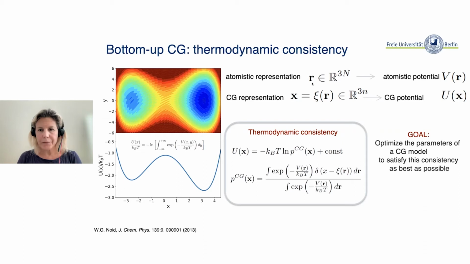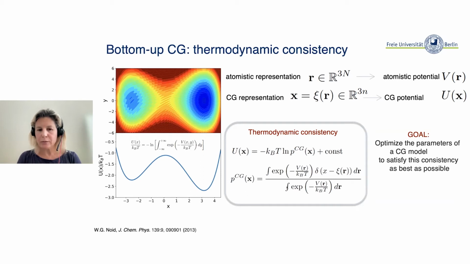This is an example of consistency, a very simple toy model going from 2 dimensions to 1 dimension. You coarse-grain away the y dimension, and you can do this analytically, because what you need for thermodynamic consistency is this set of equations. What it means is that the effective energy function for the coarse-grain model is fixed by this expression, given by the logarithm of the marginal distribution of the atomistic model.